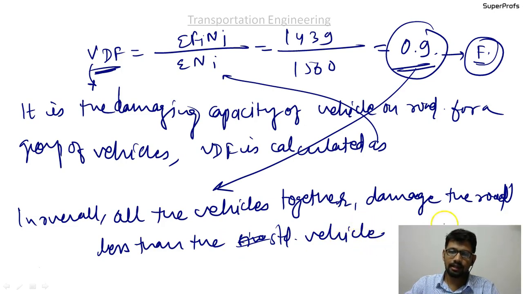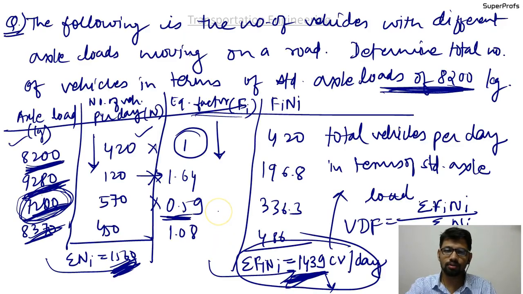This is exclusively for the given data, so it will vary with the number of vehicles per day and the axle loads that the actual vehicles have. Let us now take up numerical examples on how to calculate the CSA, that is cumulative standard axles.